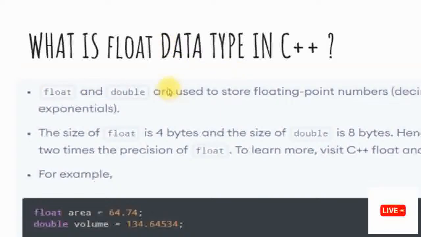I will try to cover float and double together in this slide because they are pretty similar, and I'll also tell you the differences between them. Float and double are the keywords used to store floating point numbers, which are decimals and exponentials. Again, the size of the float data type is 4 bytes and the size for double is 8 bytes.